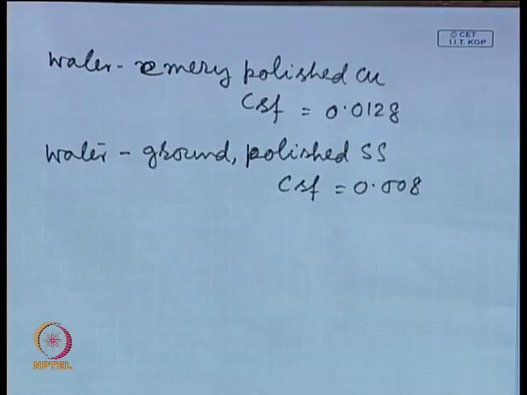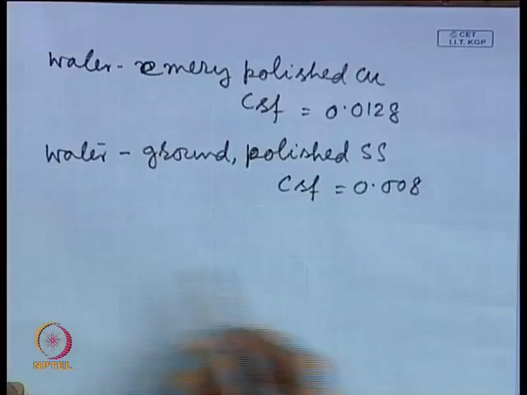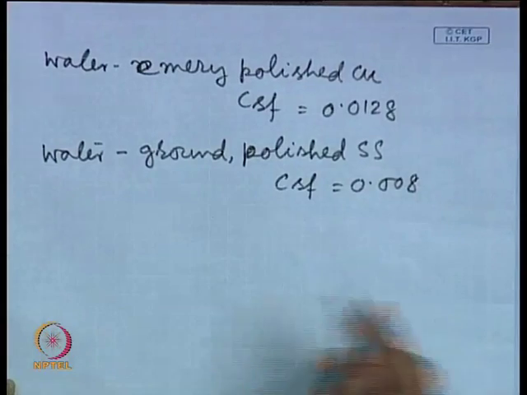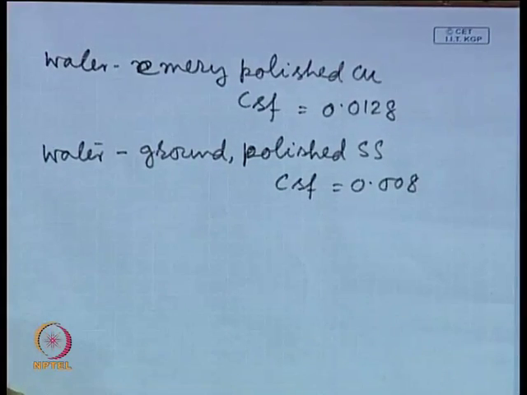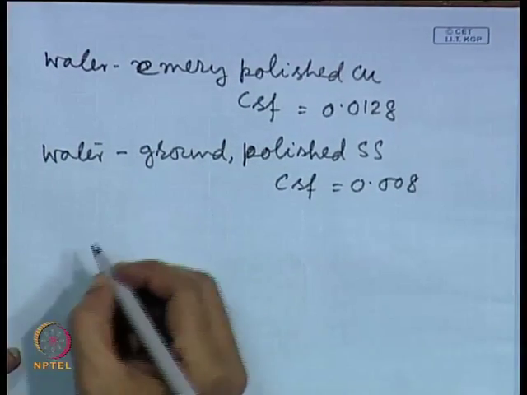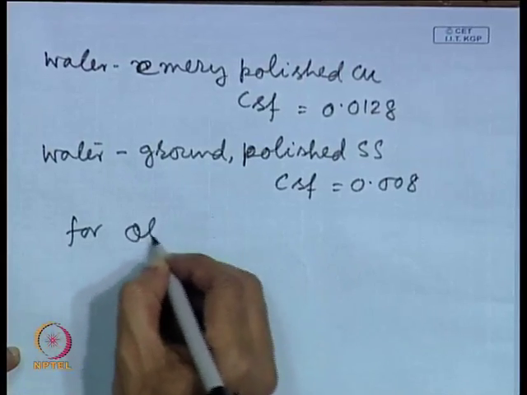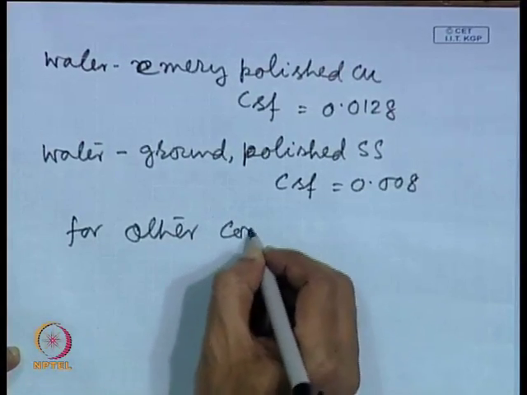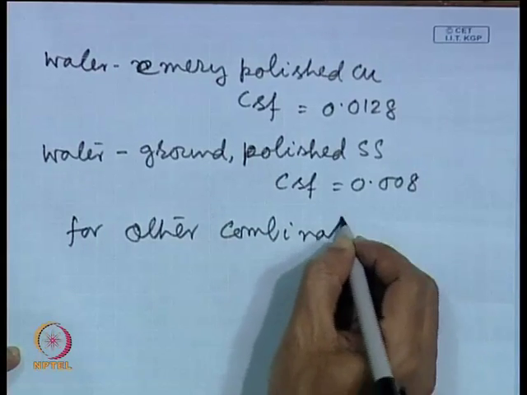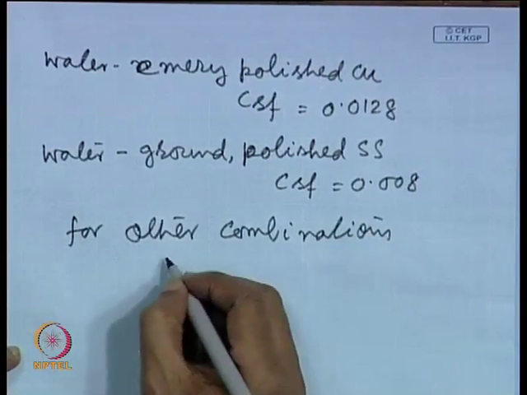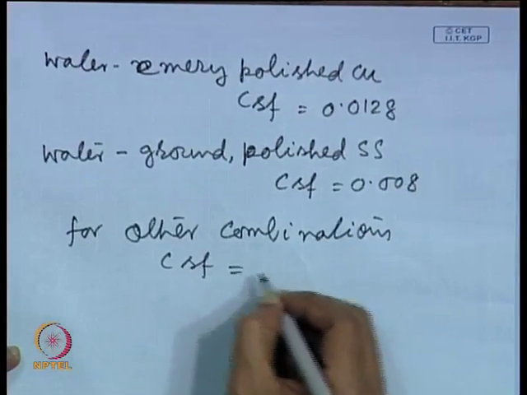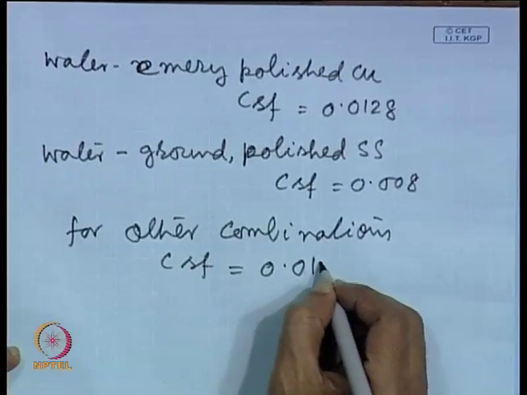Sometimes you may encounter a liquid-solid combination which is not there in the list. For those kinds of combinations, it is recommended for other combinations that C_SF is equal to 0.013.